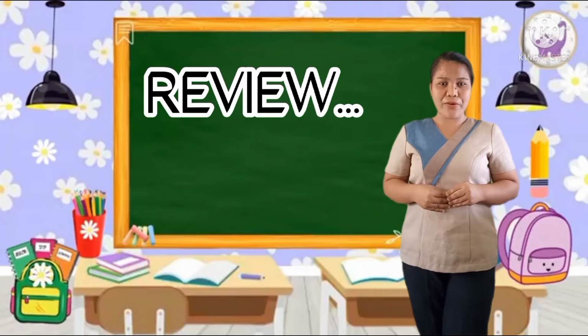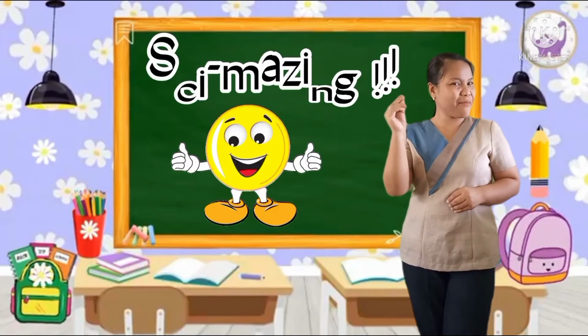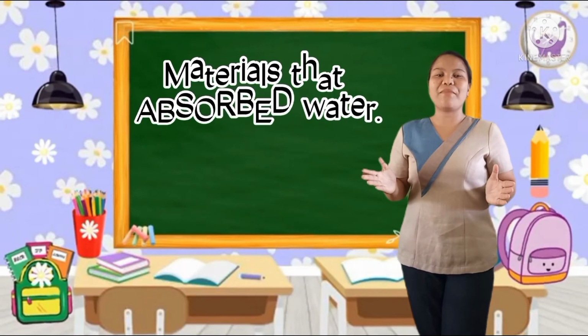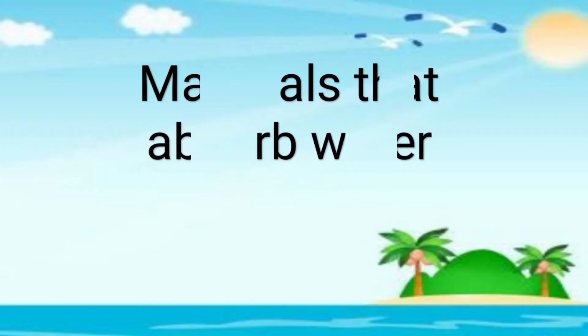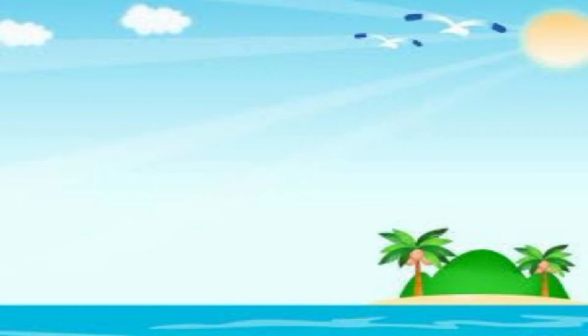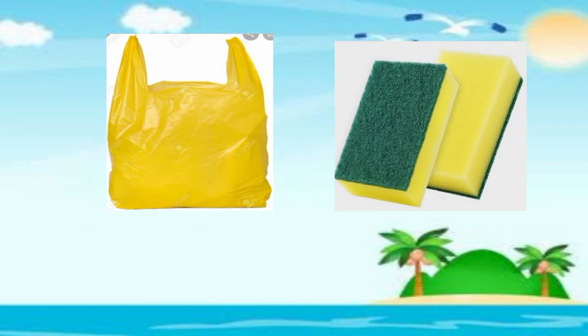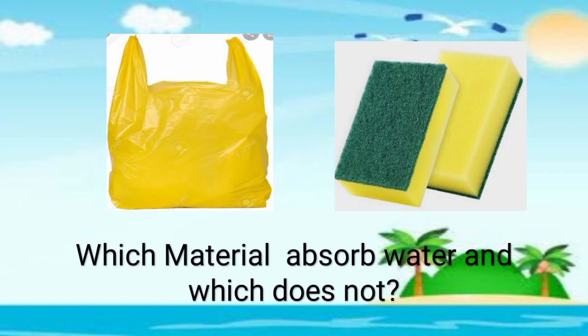What can you remember about our lesson? So amazing! We talked about the materials that absorb water. I have here 2 materials. Which material absorbs water and which does not?